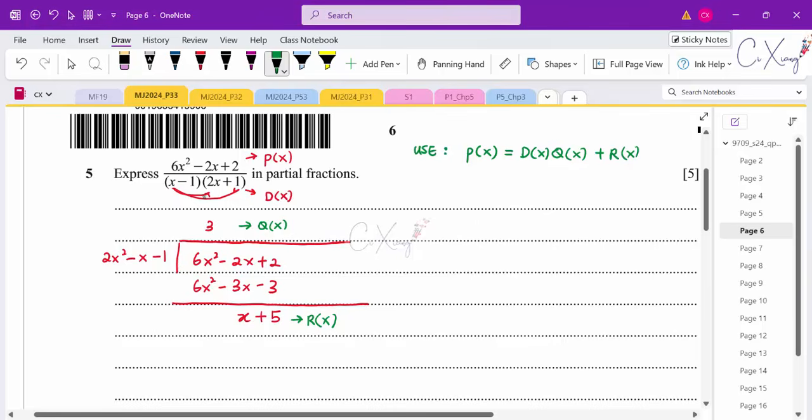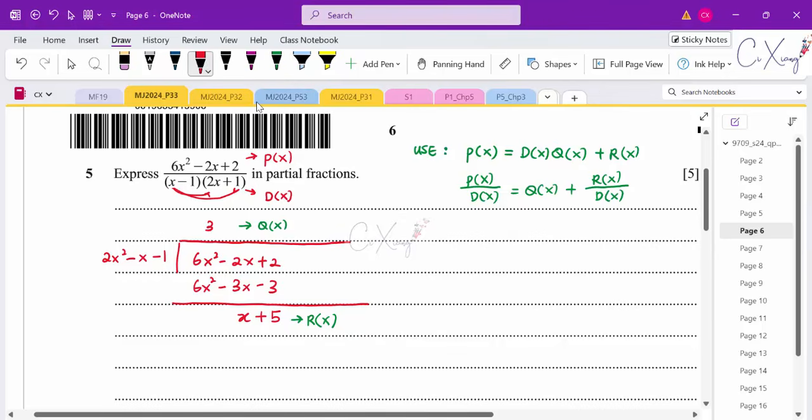In the rational function here, we are having px divided by dx, so I divide the whole equation by the divisor. So px divided by the divisor equals quotient plus remainder over divisor.